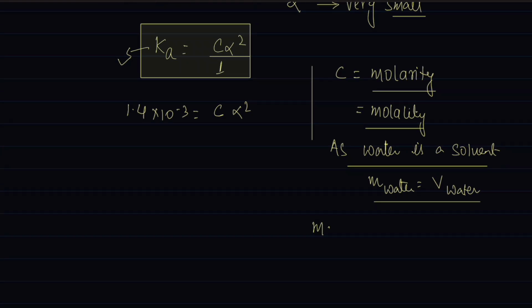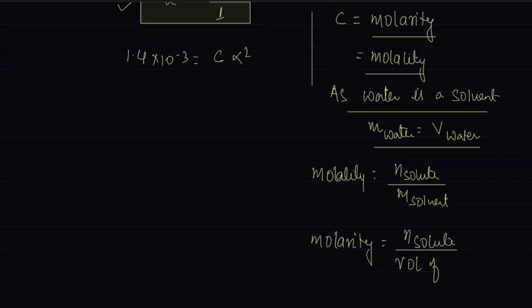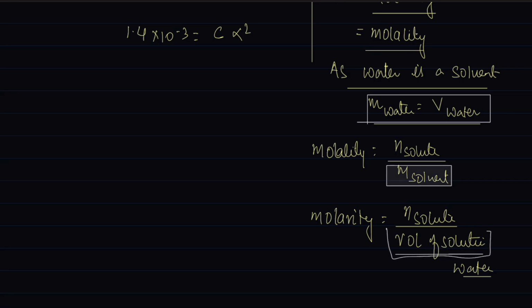Molality is equal to mole of solute divided by mass of solvent, and molarity is equal to mole of solute divided by volume of solution. So here the solution is basically water. As I told you previously, the mass of water and the volume of water will be same. It means that these two terms will be same, so their values will also be same. So that's why molarity and molality will be equal.